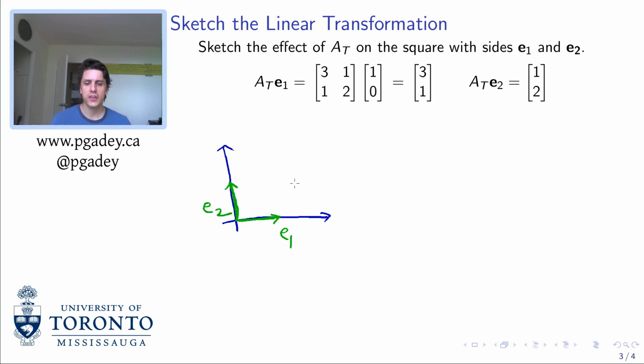So our E1 is our x-axis and our E2 is our y-axis. And this forms a little square with corner 1, 1. Okay, so we'll just label all of the corners of this.